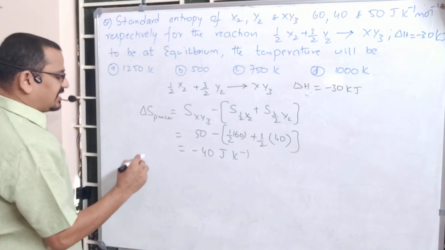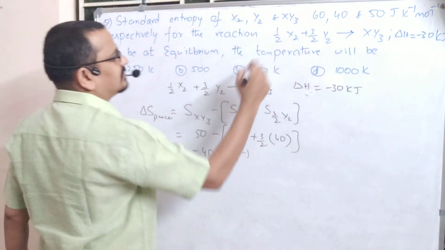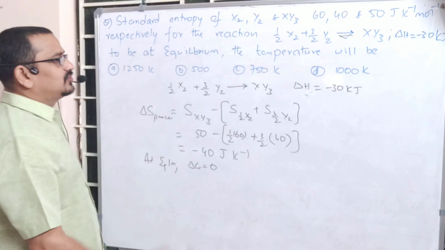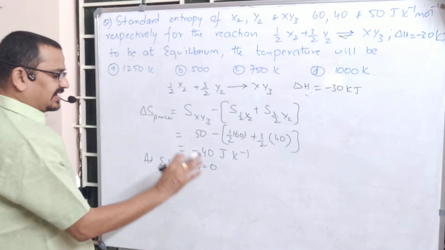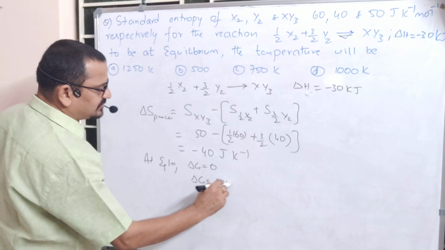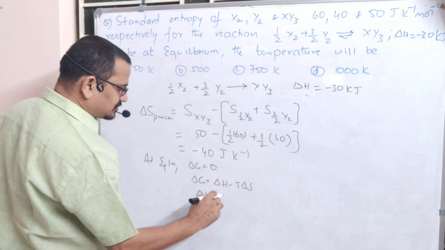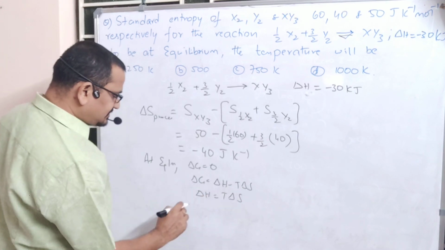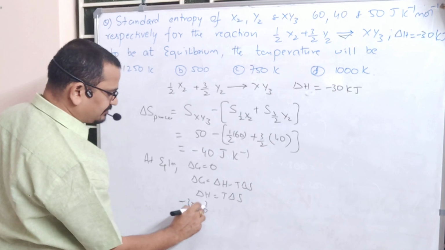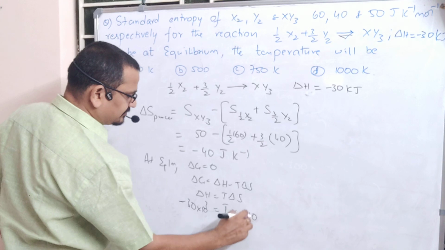Now, it is at equilibrium, it should be at equilibrium. As delta G is 0, from the equation delta G equals delta H minus T delta S, this is 0, so delta H equals T delta S. Delta H is given as minus 30 kilojoules, so minus 30 into 10 power 3 equals temperature into minus 40 joules.